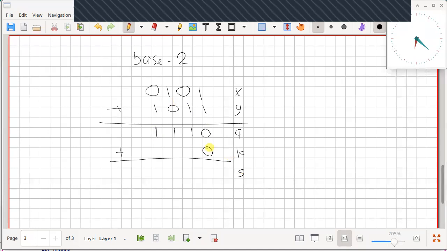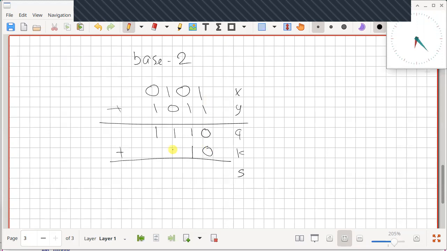I explained that already. Now, in terms of this particular position, it's going to be the AND of these 2 bits. Well, the AND of x0, y0 is giving me a 1 already. So that means k of 1, where the yellow cursor is, is going to be a 1.